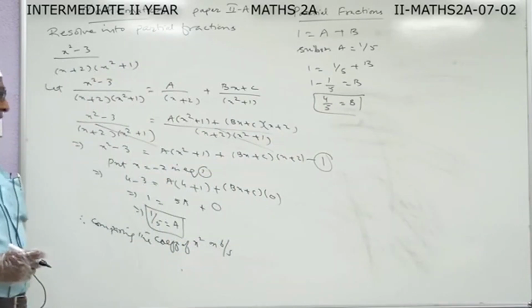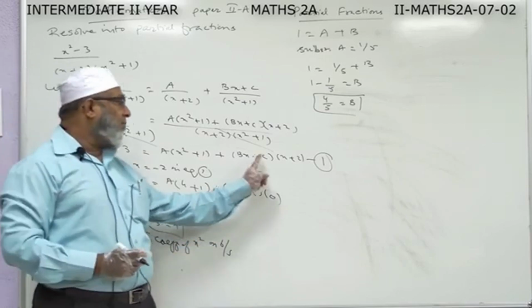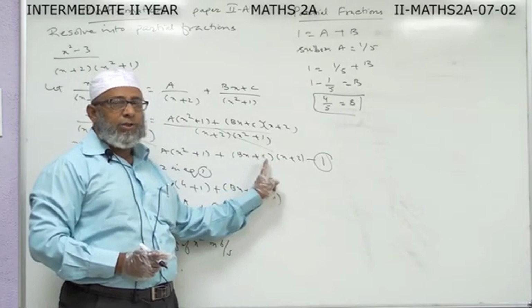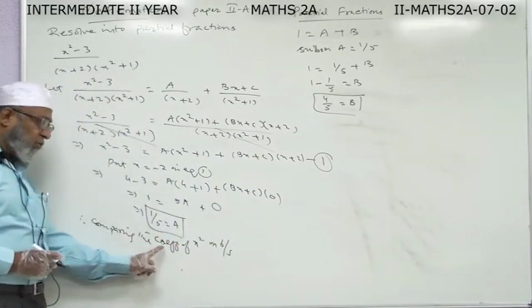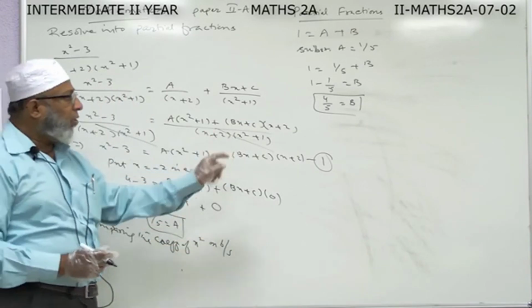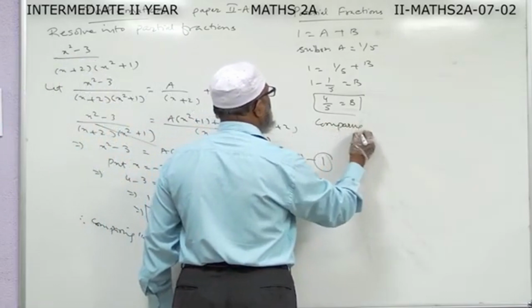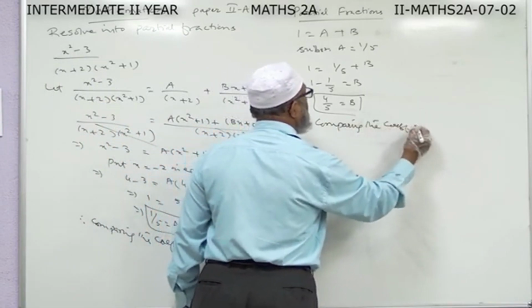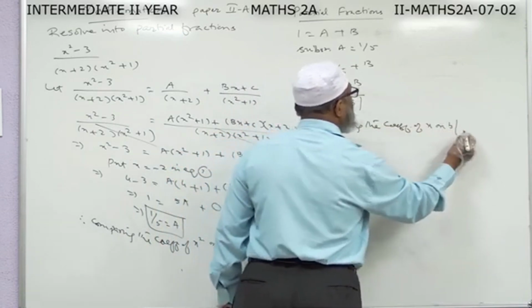Now my purpose is to get the value of c. Now I want to compute the value of c. What happened? If I multiply this c into x, what happened? The coefficient is x. So as I have compared the coefficient of x square in the previous case, now what I am doing? Comparing the coefficient of x on both sides.